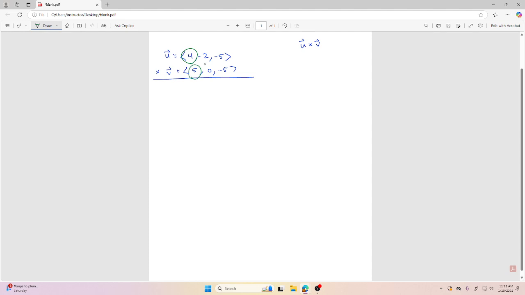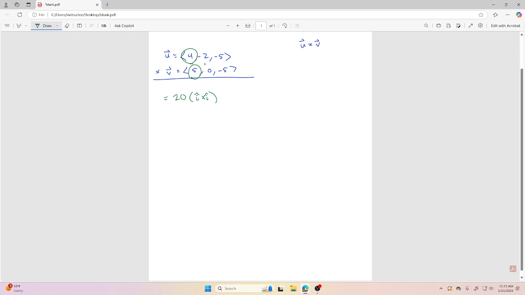4 times 5, 20. But the problem here is that I cross I is 0, so in the end the whole thing will be a 0. The number is 20, but because this is going to be a 0, the whole thing will be 0. I don't want to do that yet, but that's what we're anticipating.